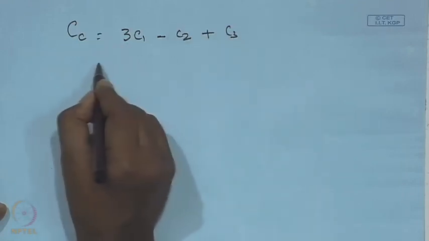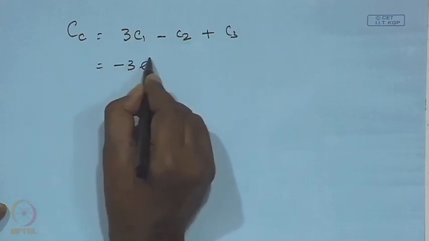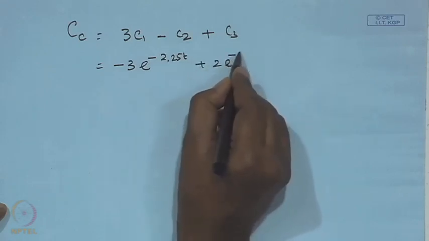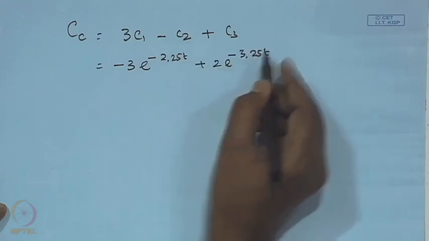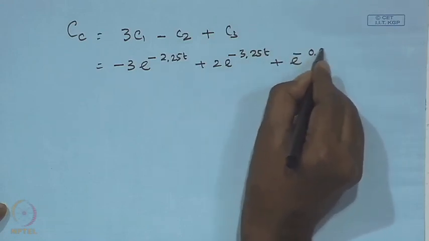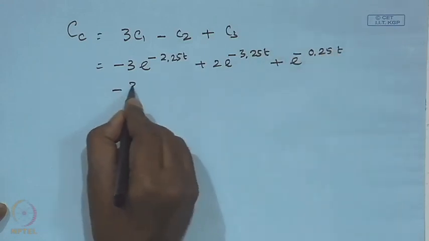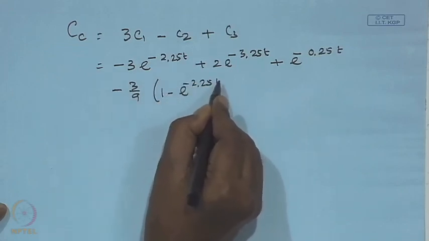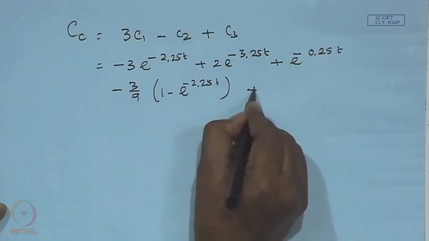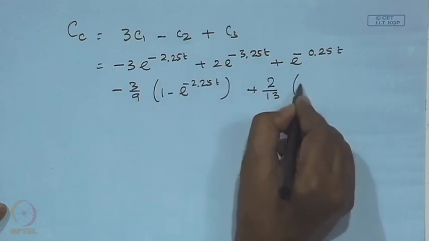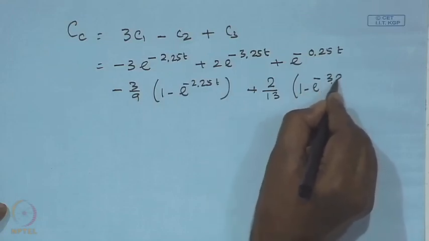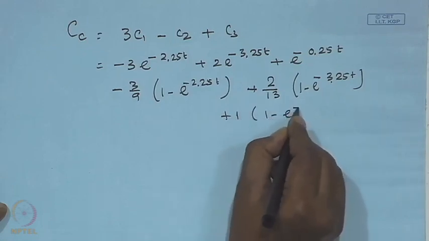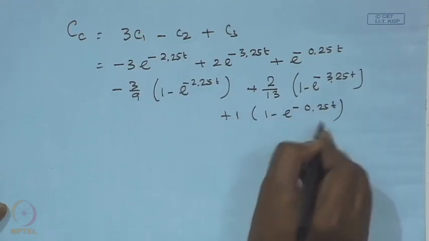So, ultimately you will be getting minus 3 e to the power minus 2.25 t plus 2 e to the power minus 3.25 t plus e to the power minus 0.25 t minus 3 by 9 (1 minus e to the power minus 2.25 t) plus 2 by 13 (1 minus e to the power minus 3.25 t) plus 1 multiplied by (1 minus e to the power minus 0.25 t).